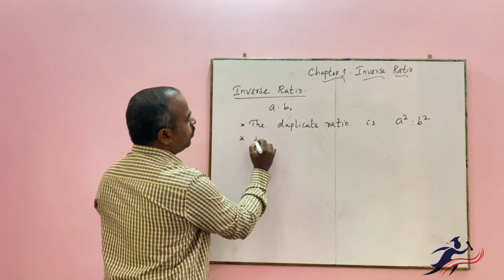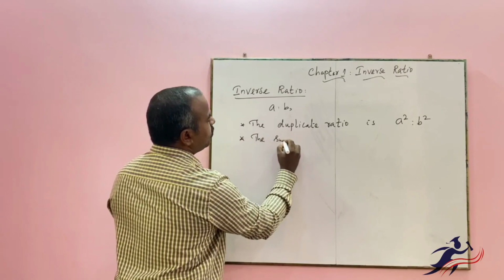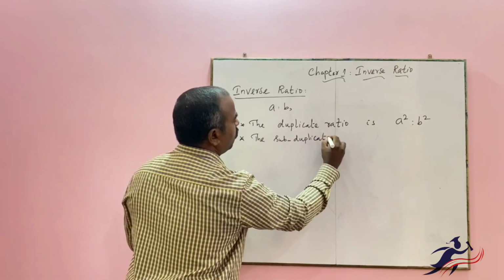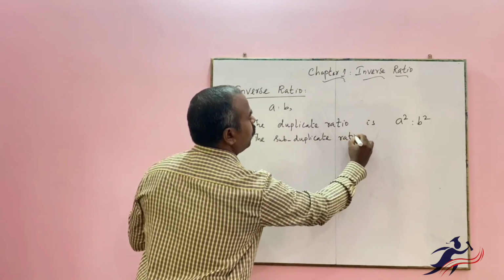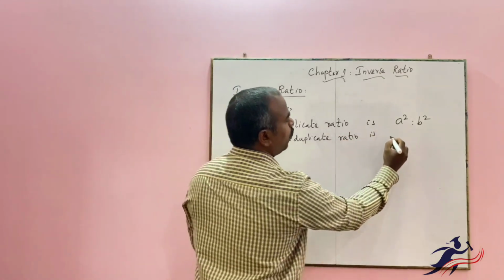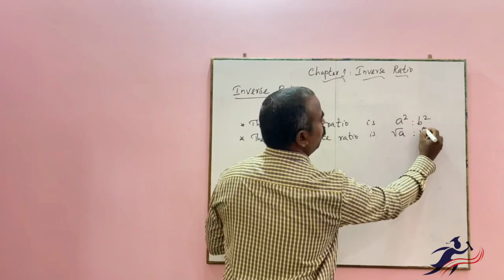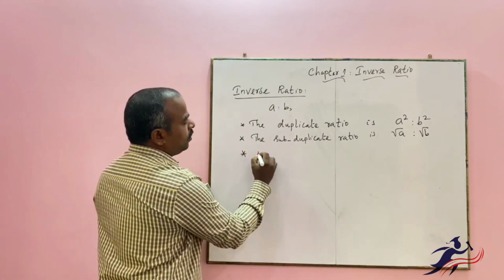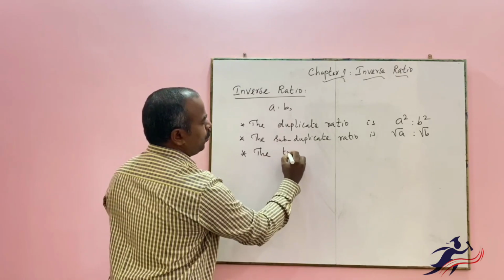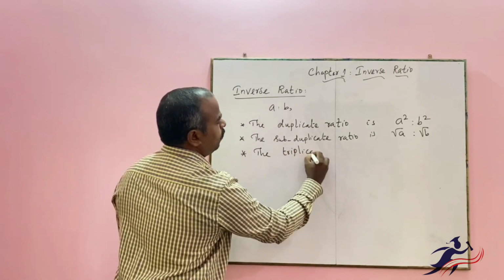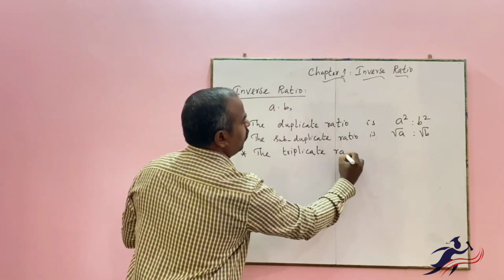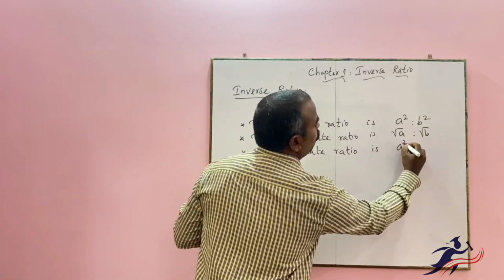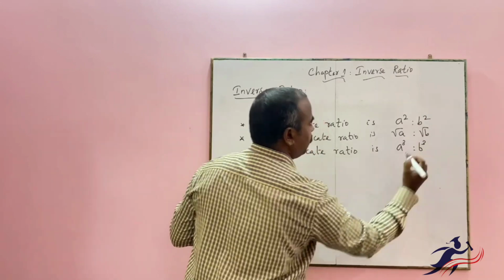The subduplicate ratio is root A to root B. The triplicate ratio is A cube is to B cube.